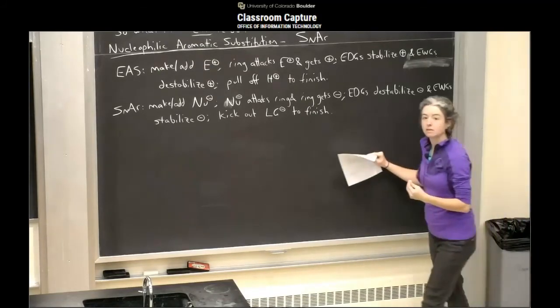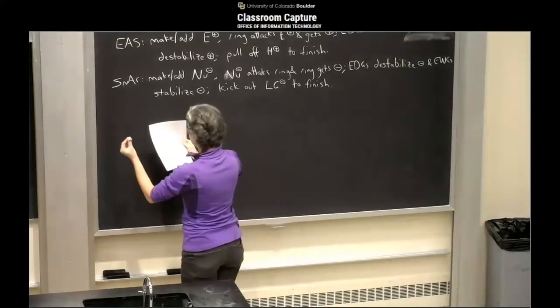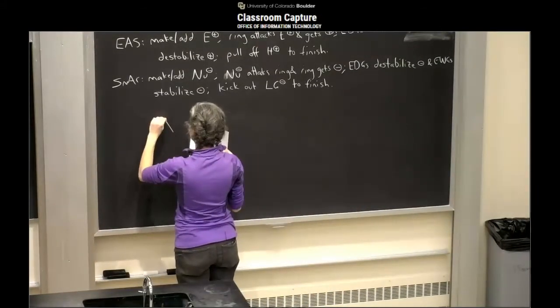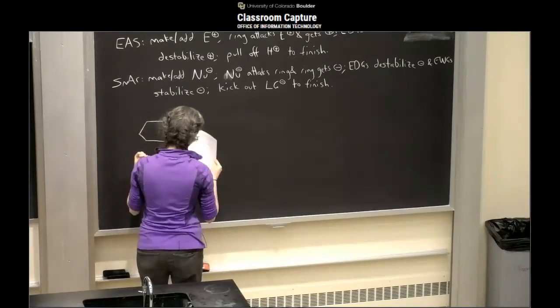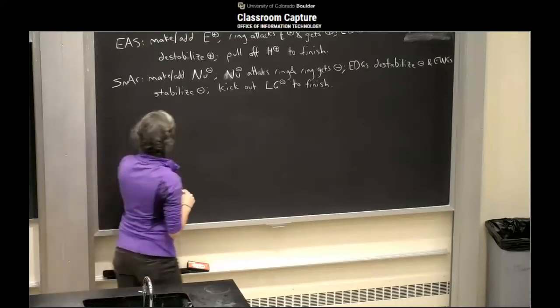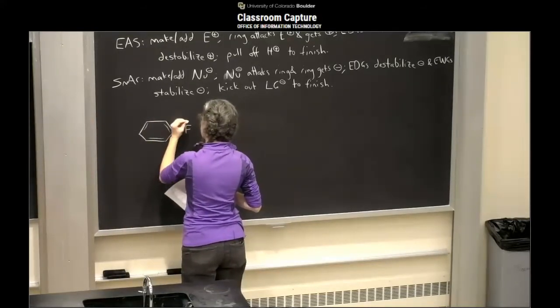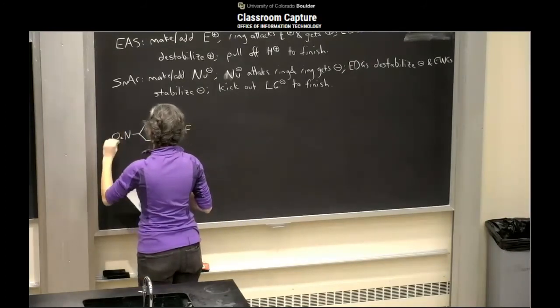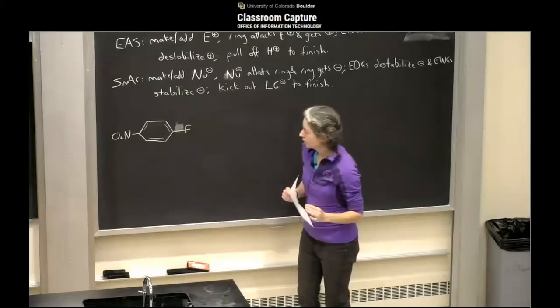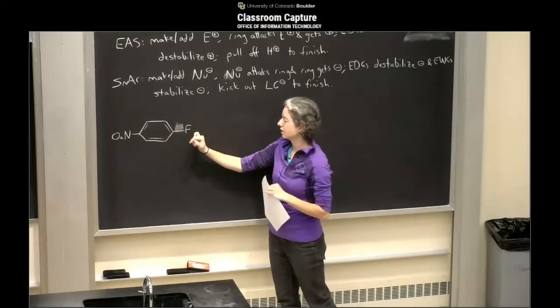Okay, so let's take a look at how that would happen. Well, here, let's work through one example and then talk about why things are the way they are. Okay, so I'm going to do this reaction on this molecule here.